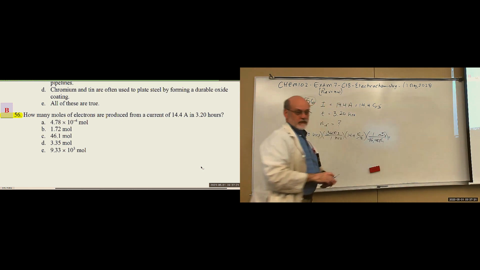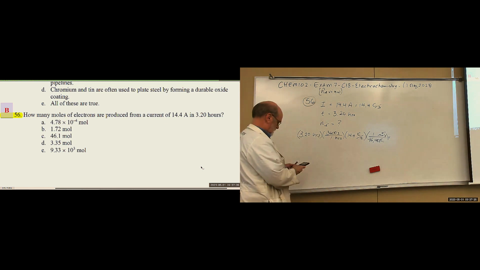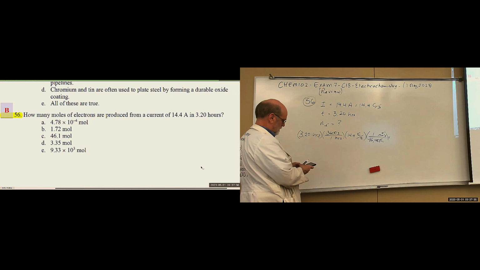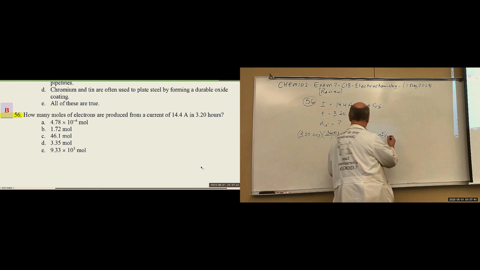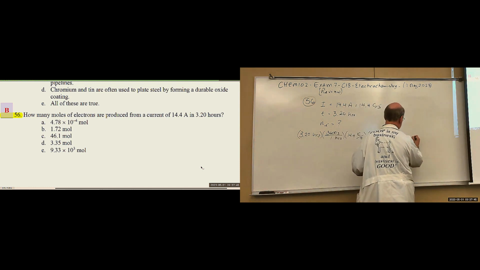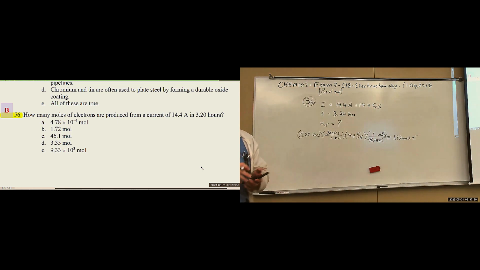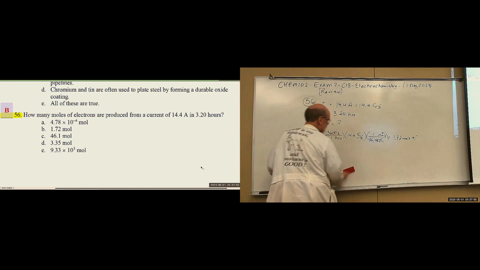So that should give us our answer. 3.2 times 3,600 times 14.4 divided by 96,485 is 1.72 moles of electrons. Little dimensional analysis there.